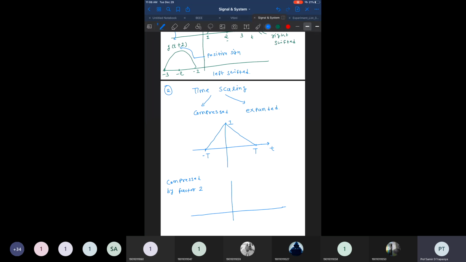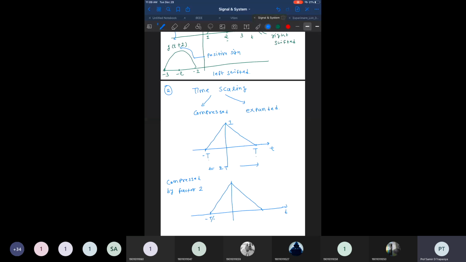Whatever points were earlier available at minus T are now shifted to minus T half, and whatever point was earlier at capital T is now at T half. So you can say the signal is thus compressed, right? The signal duration is now reduced from 2T to T.